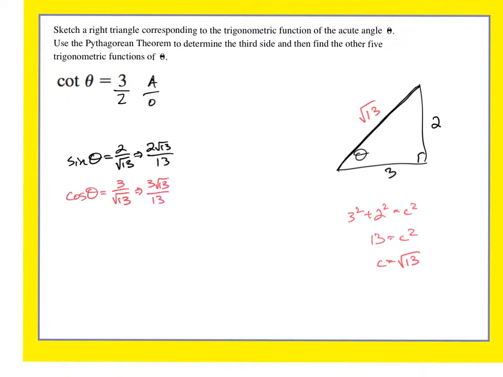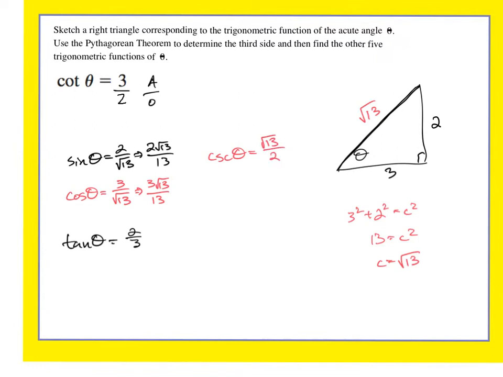And then tangent of theta would be what? Opposite over adjacent, so we'd end up with 2 over 3. Sine's buddy is cosecant. And what's cosecant? Hypotenuse over opposite, so square root 13 over 2.